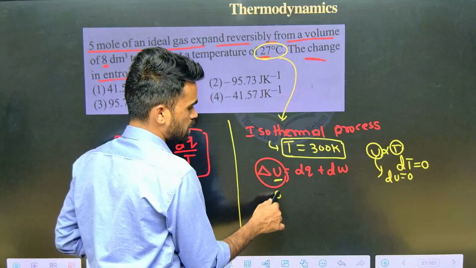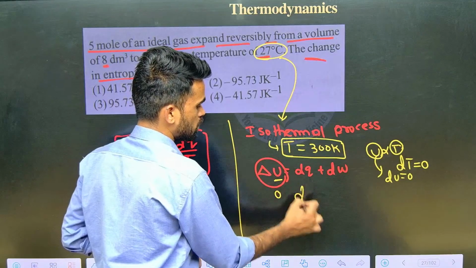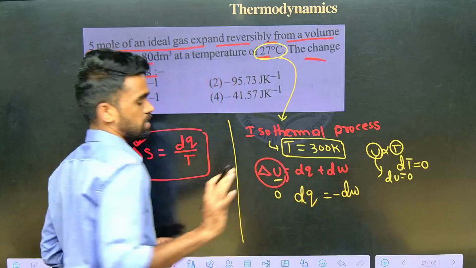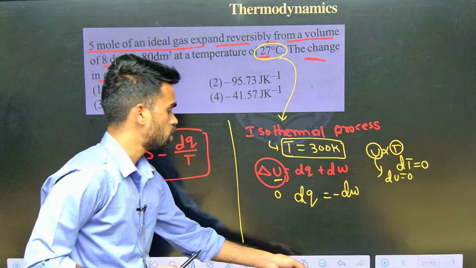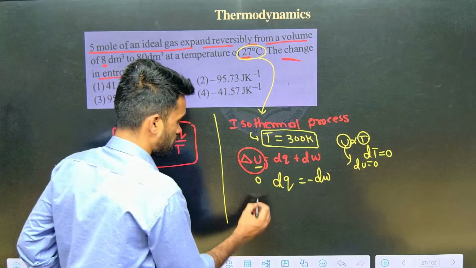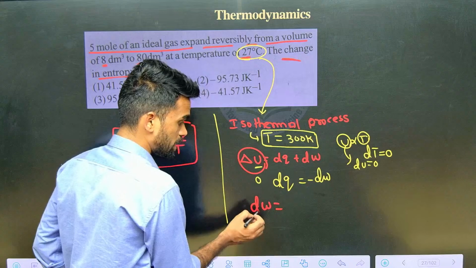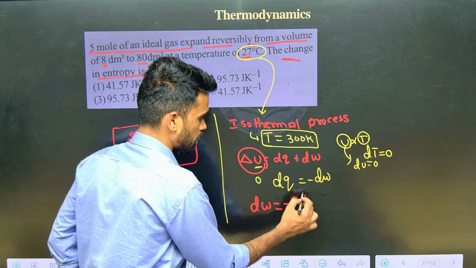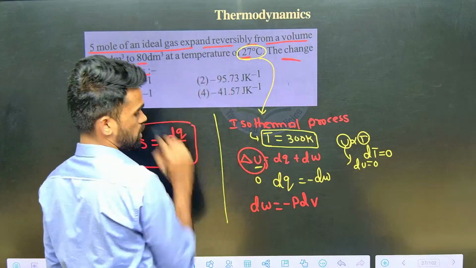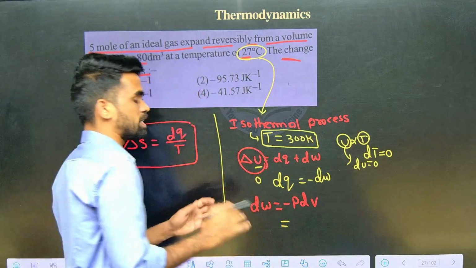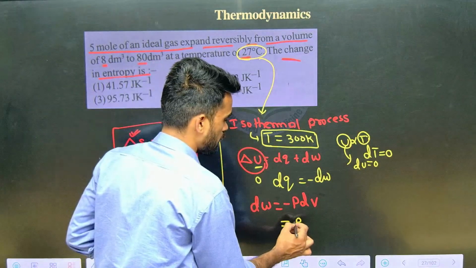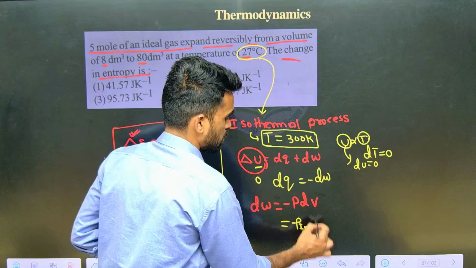If this becomes 0, now dq is equal to minus dW, meaning they have opposite signs. Now dW means work done. You can use this formula: dW equals minus P external dV. For a reversible isothermal process, internal and external pressure are almost the same, so I can use P internal, that is the ideal gas pressure.